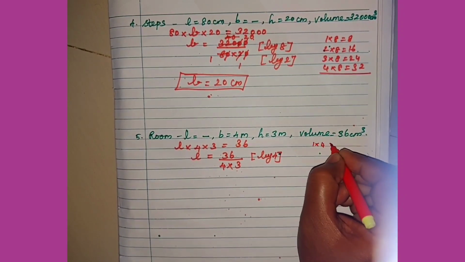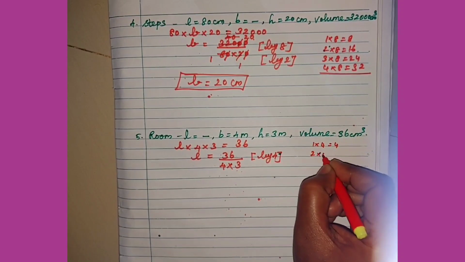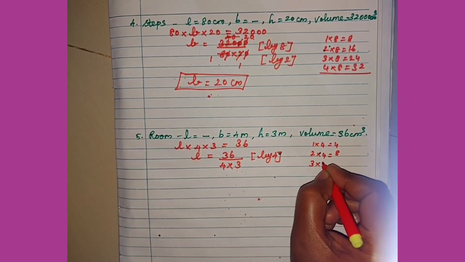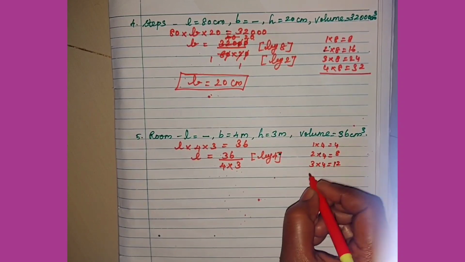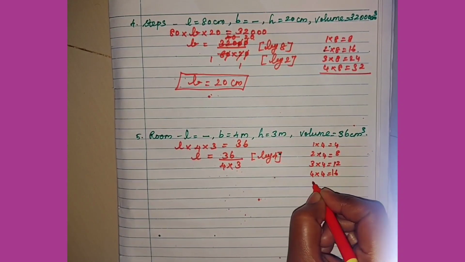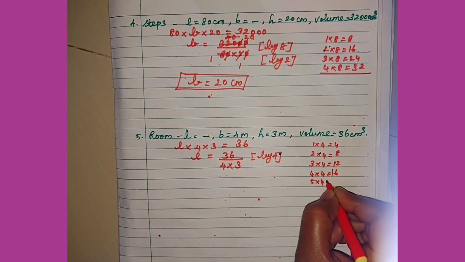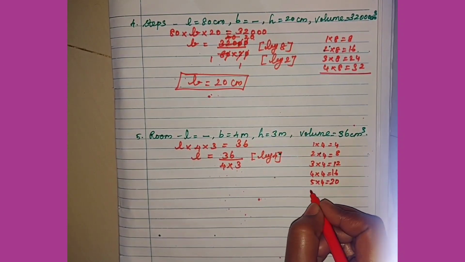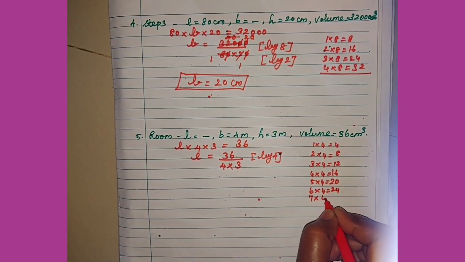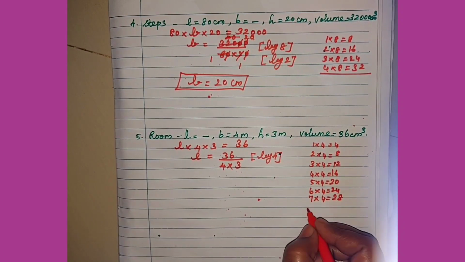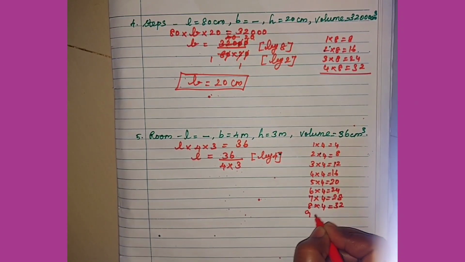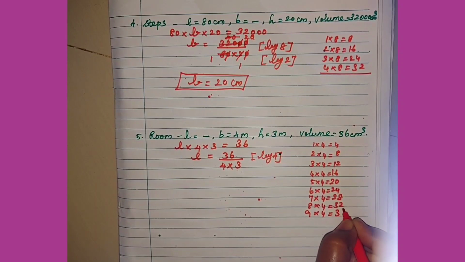1 4s are 4, 2 4s are 8, 3 4s are 12, 4 4s are 16, 5 4s are 20, 6 4s are 24, 7 4s are 28, 8 fours are 32, 9 fours are 36.